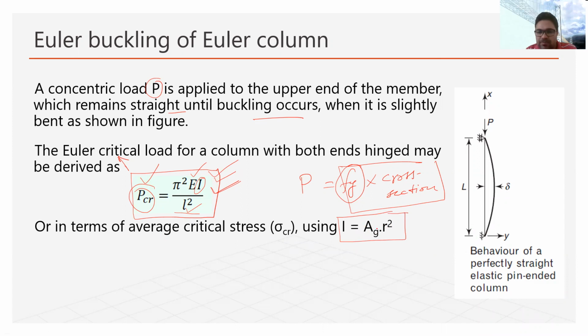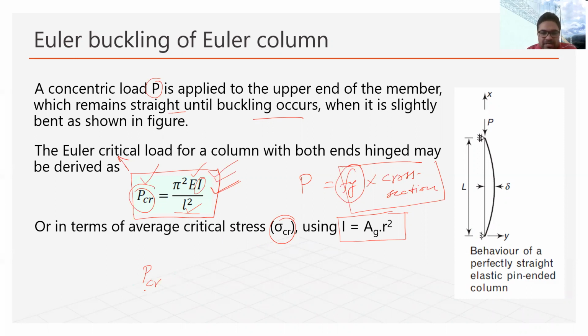So if we put this value in the formula, we can say PCR, sorry, I mean, if we try to find the critical load in terms of the critical stress, well, stress can be calculated as force upon area.